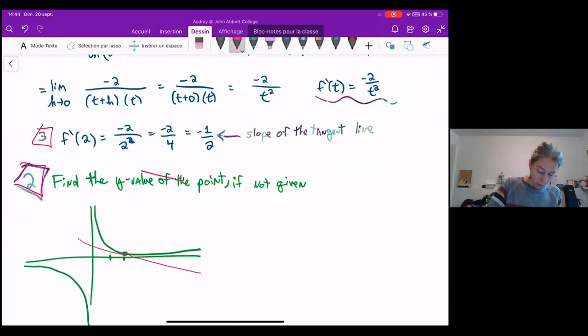So in other words, I know that the slope of this line is equal to negative 1/2. But you'll notice that that point there is also on the line. It's on my tangent line, but it's also on the function. So here we have a point on the tangent line and on the function.